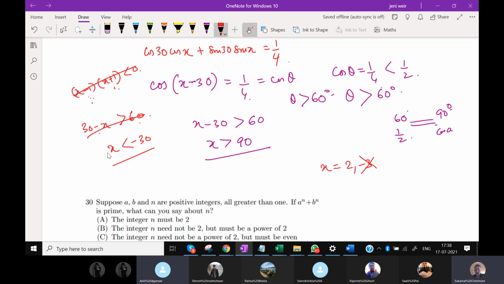It is the same case here. So you can definitely try the other one. You will get x less than minus 30, which is meaningless. Therefore, you have to take the other solution. So remember, whenever you're dealing with cos, you are actually dealing with the absolute value of theta here. So you can take it both ways. You're correct.